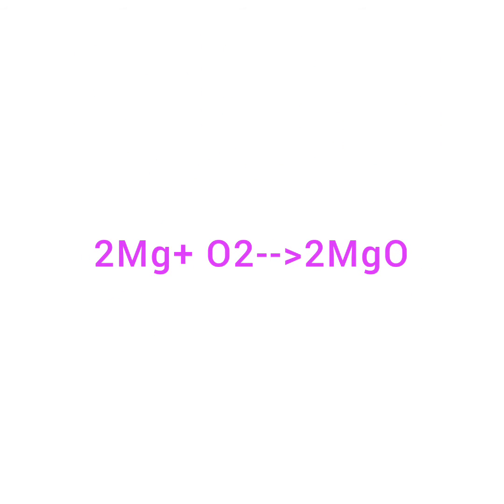So, let us see an equation we have already discussed. 2Mg plus O2 gives 2MgO. Look at magnesium. Here, the number of atoms of magnesium on the left hand side are 2. Similarly, the number of atoms of magnesium on the right hand side are also 2. And look at the oxygen.